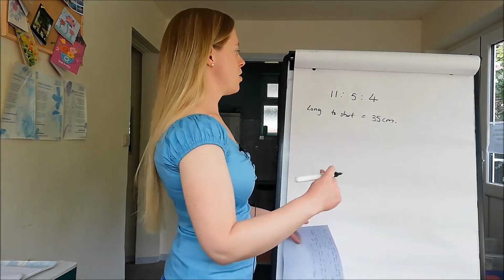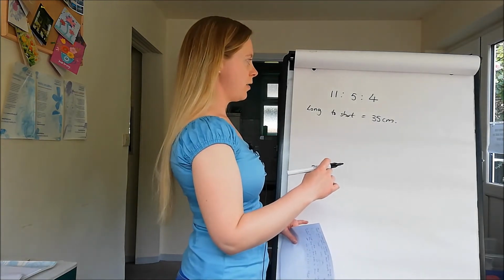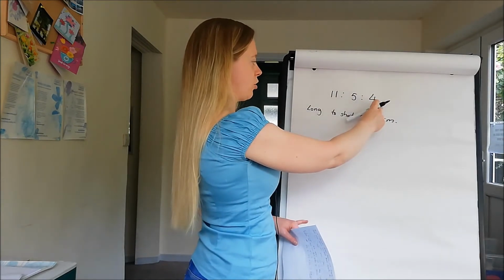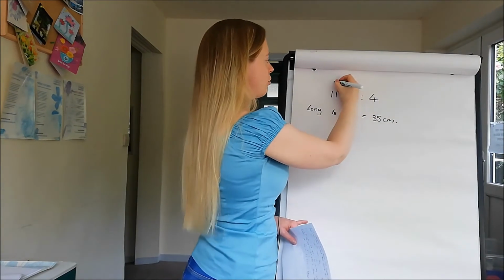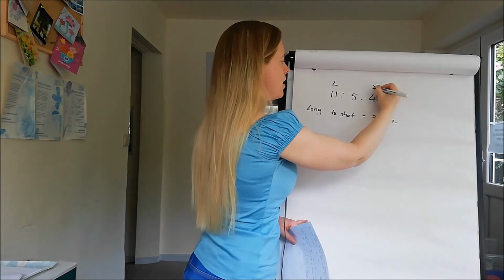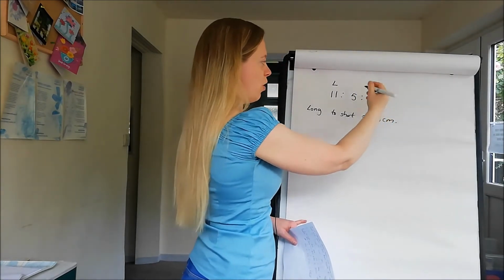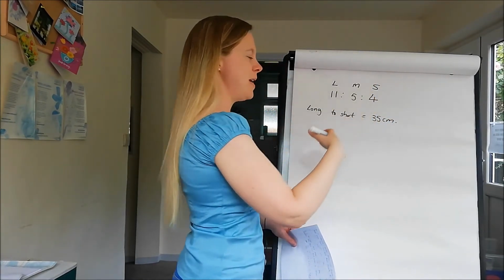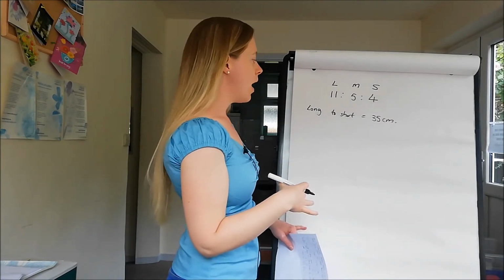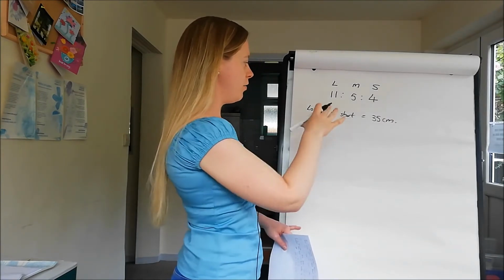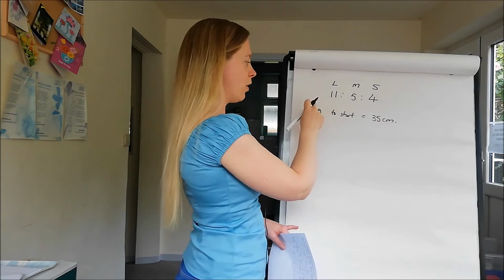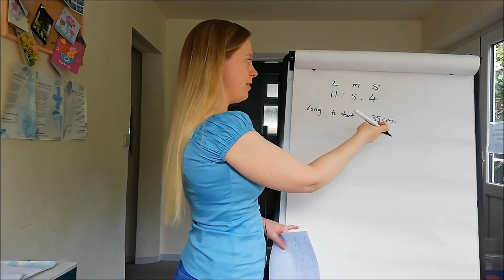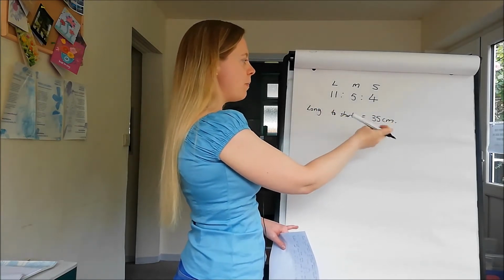All right, so in this question, we've got our three sides of a triangle. The long side is going to be the 11, the short side is going to be 4, and then I'll just put M for the middle side, the medium one or the one in the middle. So the difference we were told between the long and short side is 35 centimetres.